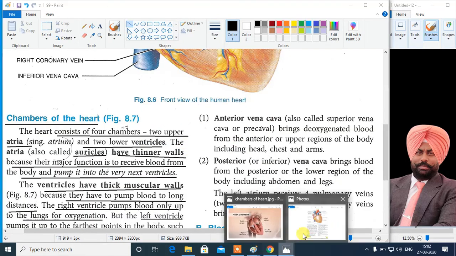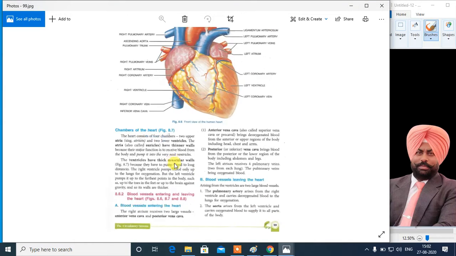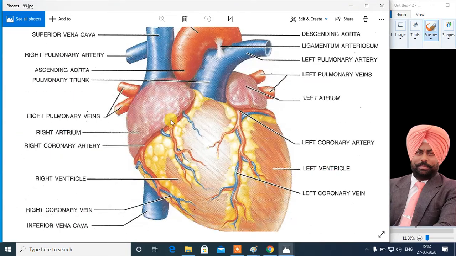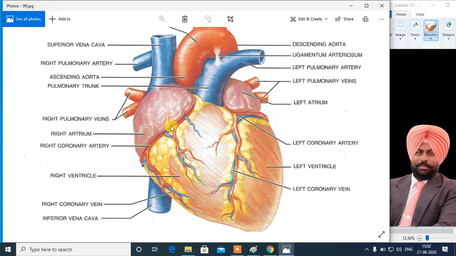Let's understand with the help of the diagram here. So here are the blood vessels which you can see with the help of the yellow cursor.